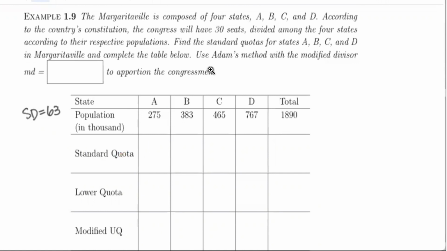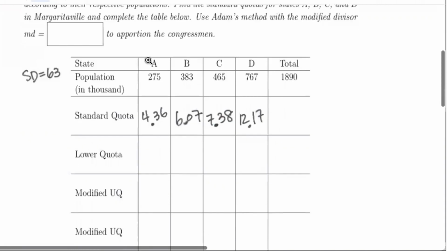Anyone can read this for me? 4.36, 6.07, 7.38, and 12.17. Okay, so here is a typo.